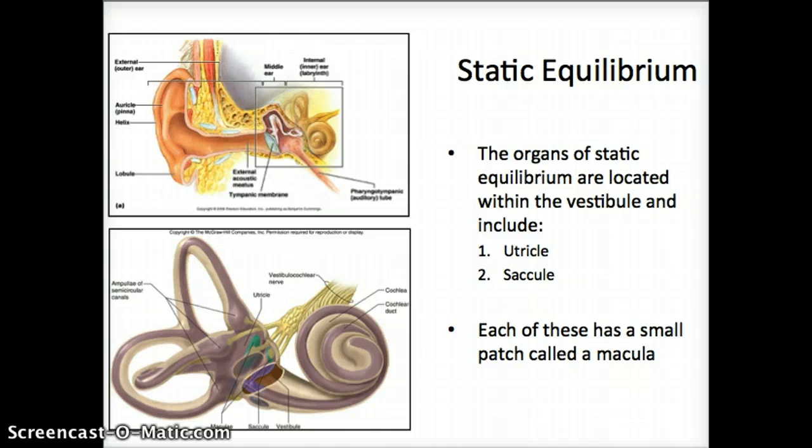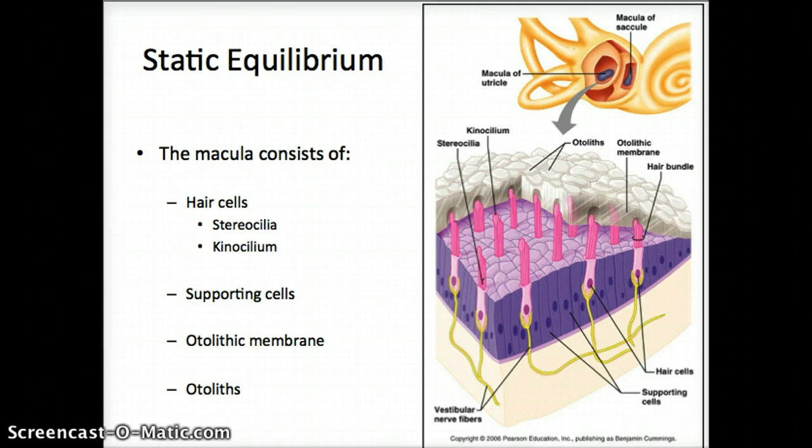With static equilibrium, the organs are located within the vestibule, and they include the utricle and the saccule. Each of these has a very small patch called a macula. The macula consists of hair cells, with stereocilia, which you should remember from the hearing, and also the kinocilium.